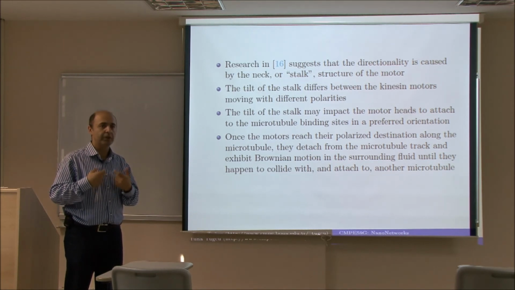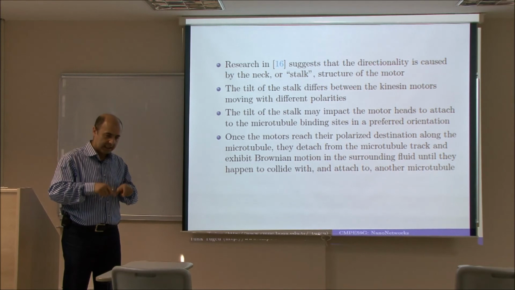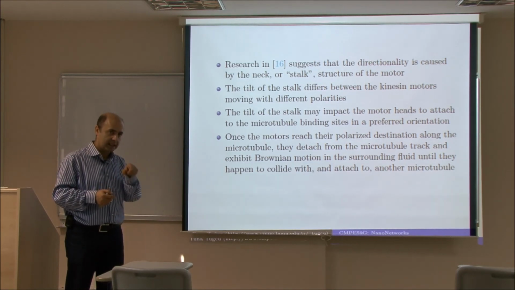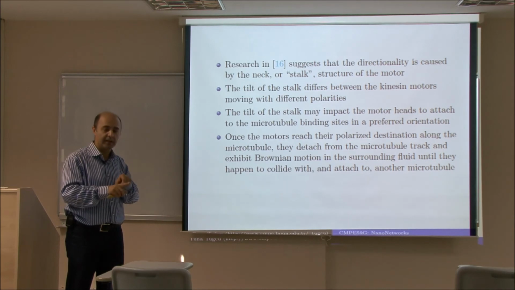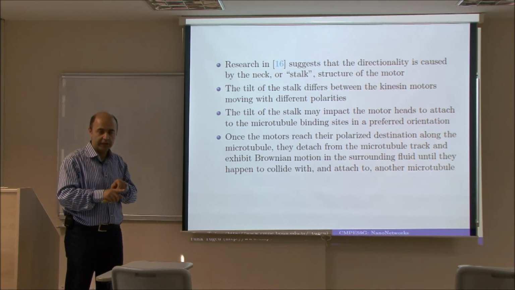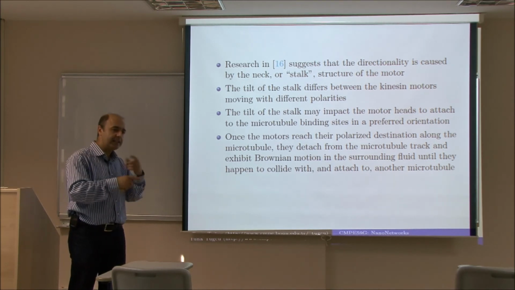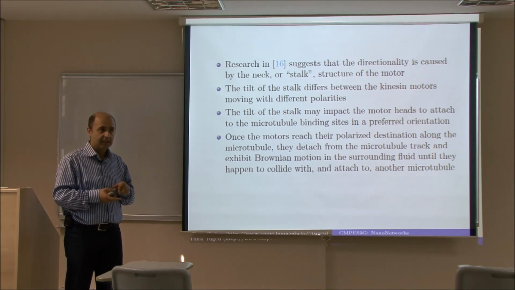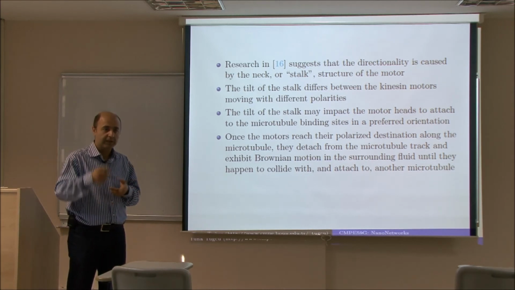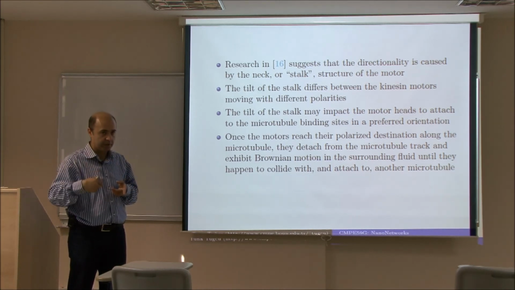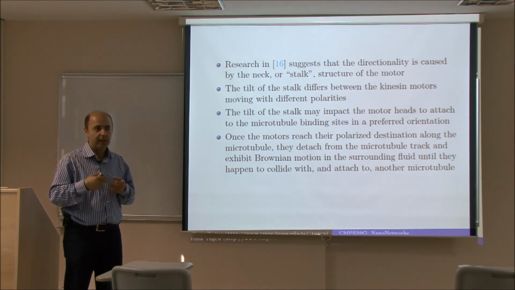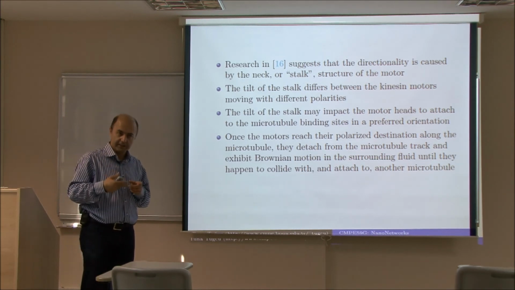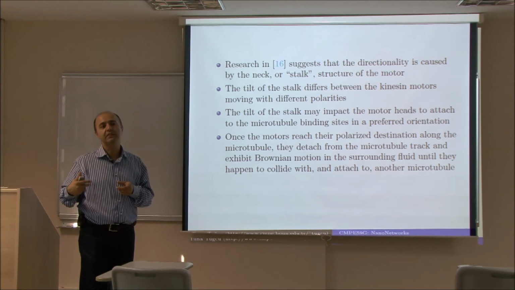And then with Brownian motion, they only get attached to a head, to the rail strongly, and then that ATP hydrolysis starts working, and depending on the type of molecular motor we're talking about, depending on the shape of the neck, it will find its correct direction, plus or minus end, and it will start walking in that direction.